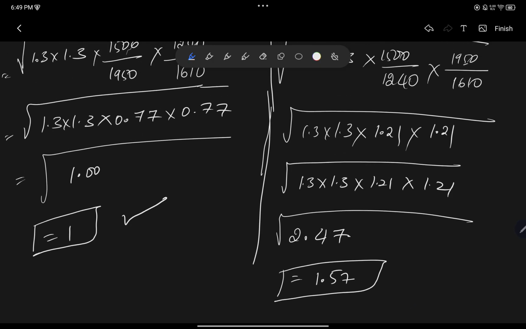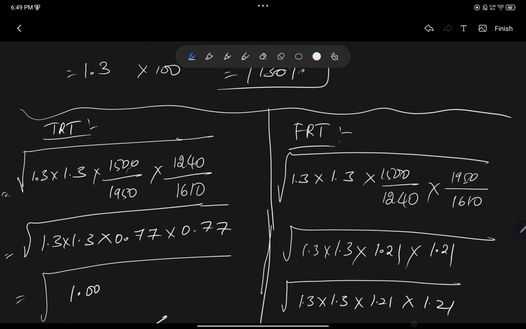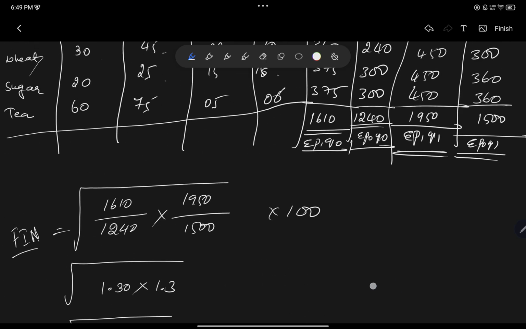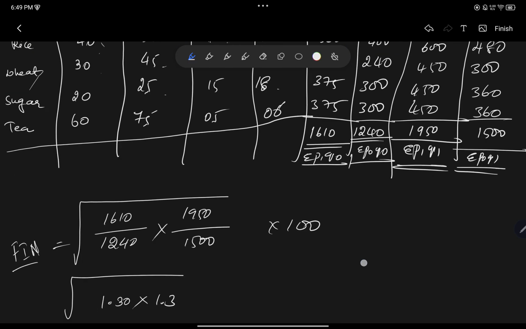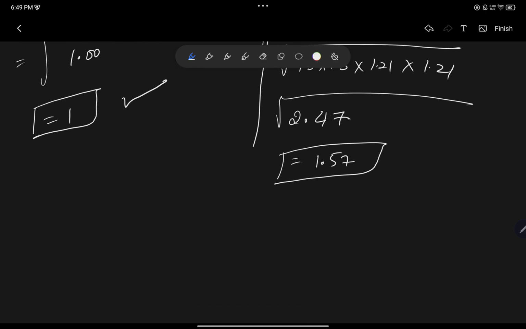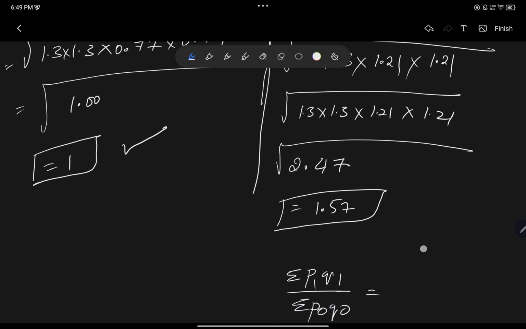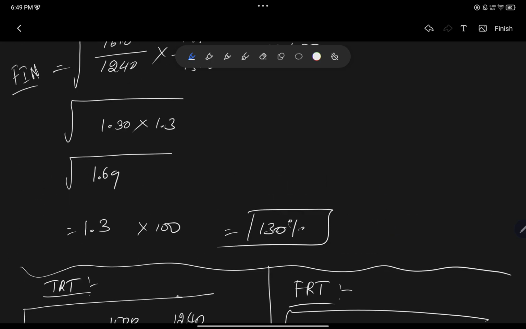It is fine, but they have said it should come equal to this. If you remember, when I was explaining the formulas, I said that for the time reversal test and factor reversal test, whatever answer we get should be equal to summation of P1 Q1 divided by summation of P0 Q0. So what is the total of P1 Q1? We'll see here.